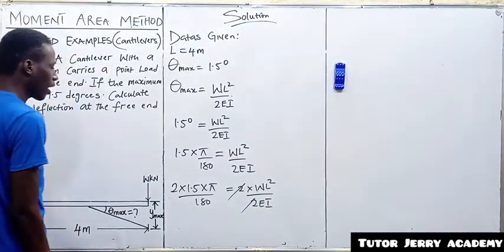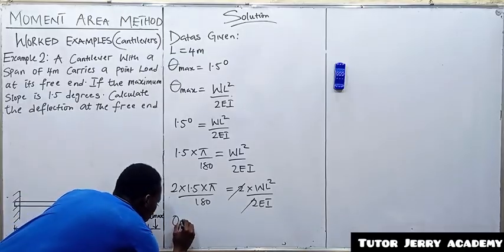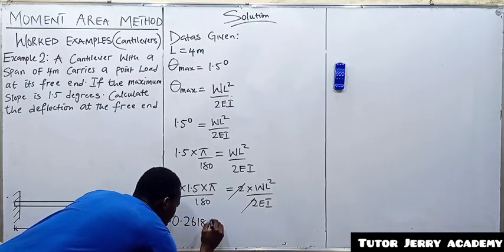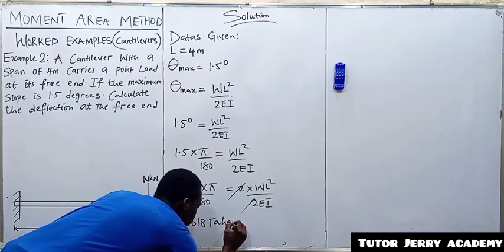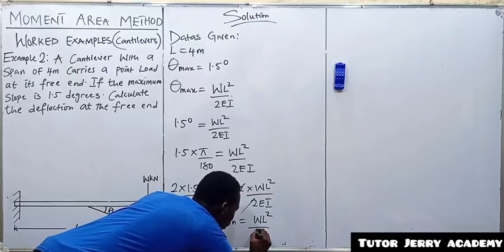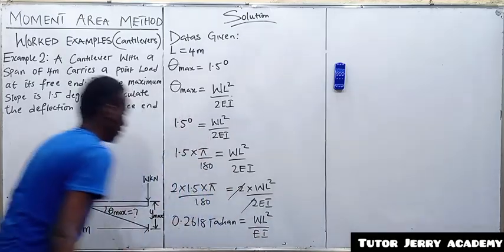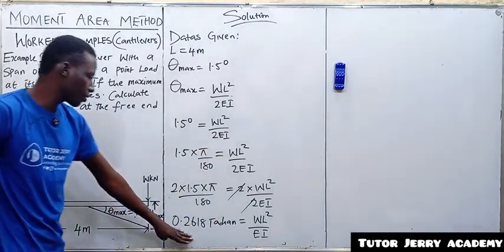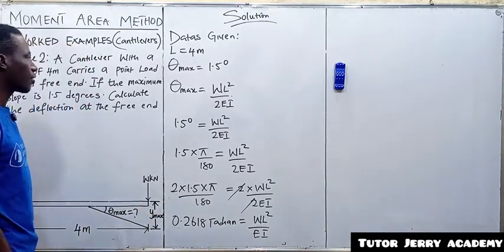So 0.2618 radian is equal to WL square all over EI. Take note of this, we are going to be using it very soon.